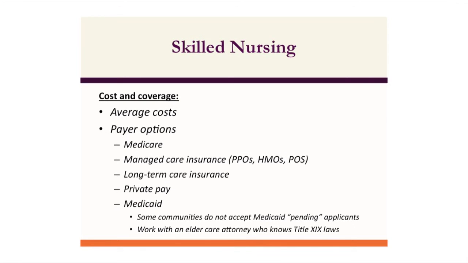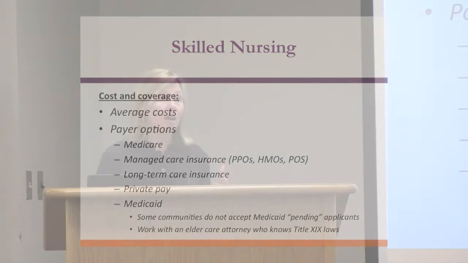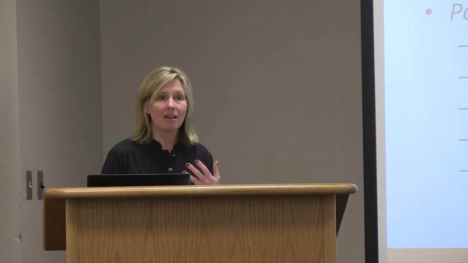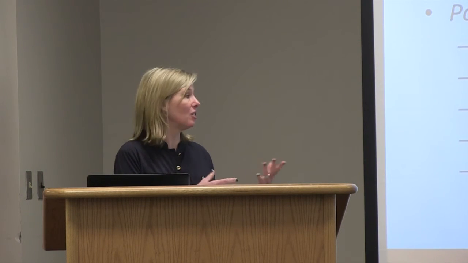That is a risk for any skilled nursing community to accept that person because they don't have an approved application, meaning if they're not eligible for benefits, and there are several different ways to become ineligible, an elder care attorney can speak to this more clearly, but if they've had inappropriate asset transfers, meaning they've sold their house for $1, or they have gifted large sums of money to spend down those assets, they may be ineligible for Medicaid, and for communities, that means there's no payer source.